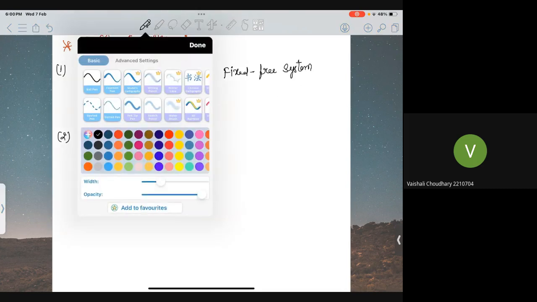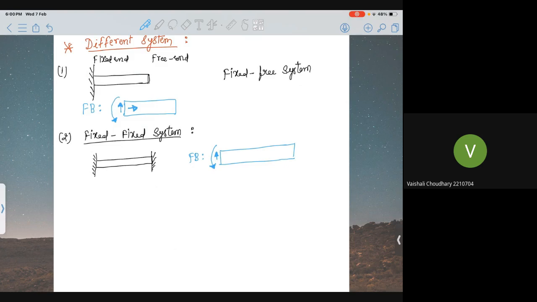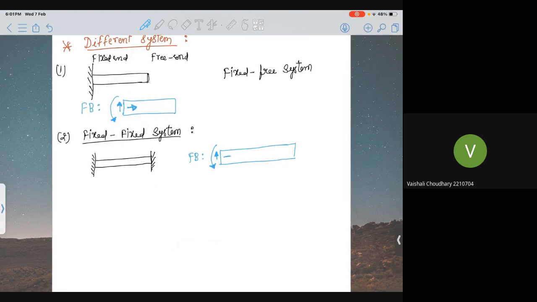So in this case, if you draw the free body diagram, we have a cantilever beam, and one end of the beam is fixed, so it will experience vertical force, rotational force, and horizontal force.